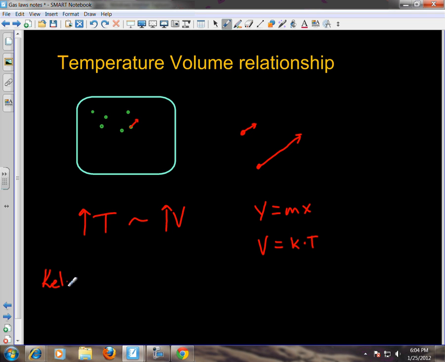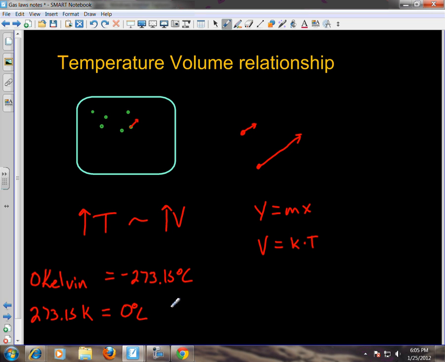Now, if we look at Kelvin related to, say, Celsius, 0 Kelvin is equal to negative 273.15 degrees Celsius. So, alternatively, 273.15 Kelvin is equal to 0 degrees Celsius.